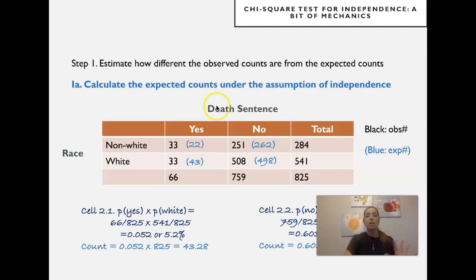In blue, we have the expected under the assumption of independence, because the multiplication law only works under the assumption of independence. So we know what the counts would be if no relationship exists between the race you have and whether or not you get a death sentence once you're being judged.